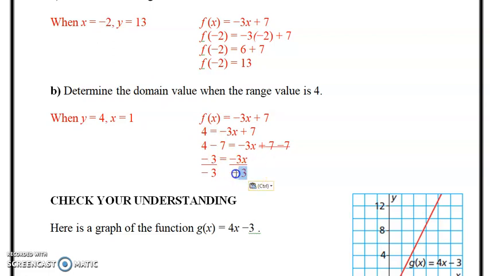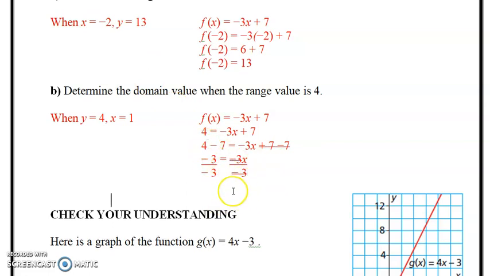The negative 3's will divide, giving you 1, and negative 3 divided by negative 3 is indeed 1. X is equal to 1. And you can switch the sides. Negative 3 divided by negative 3 is 1.